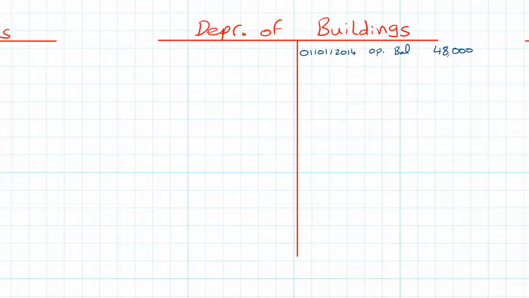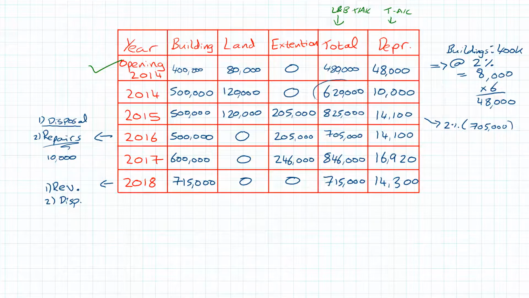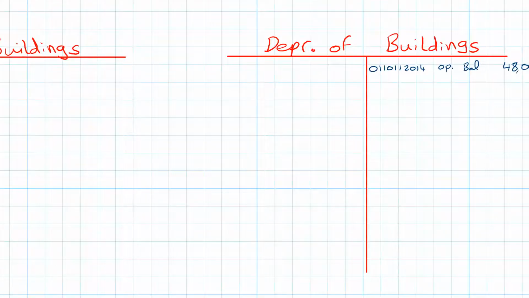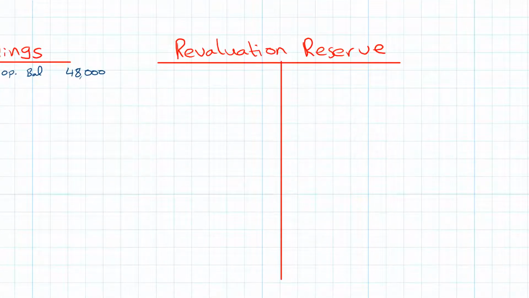So that will bring this to 620, which is what we wanted here. So that happened on, again, the 1st of the 1st, 2014. So 140,000. Double entries over here, coming from land and buildings on the 1st of 1st, 2014.